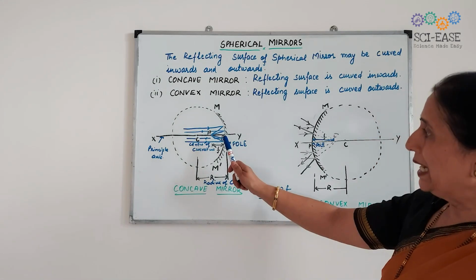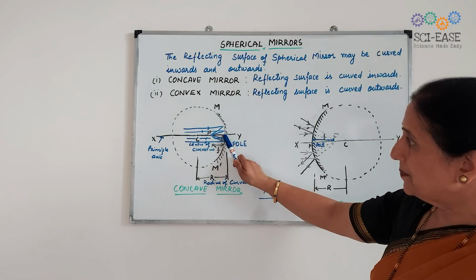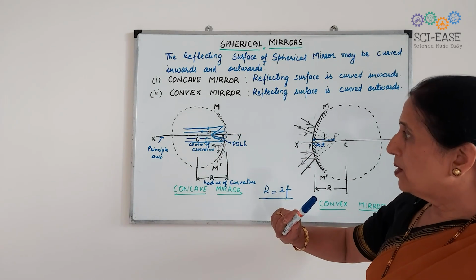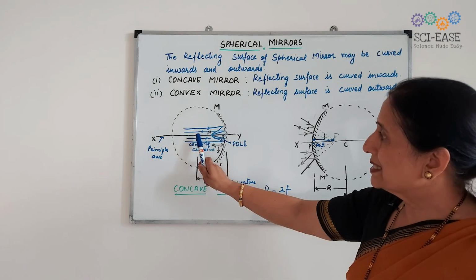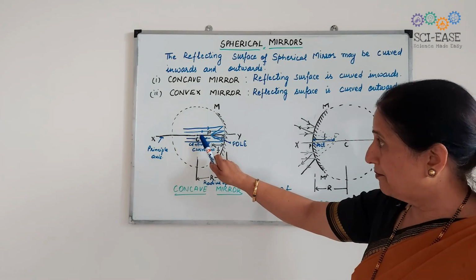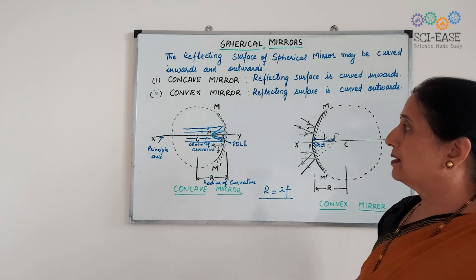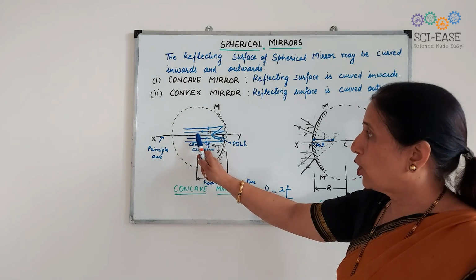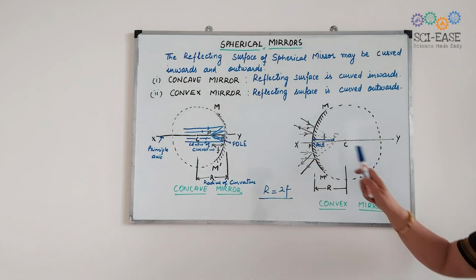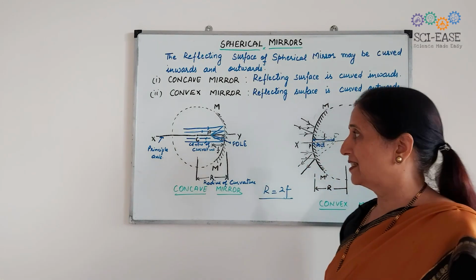Pole is the center of the reflecting mirror, denoted by P. The center of the sphere is known as the center of curvature. In case of a concave mirror, it is in front of the reflecting surface, and in case of a convex mirror, it is behind the reflecting surface.